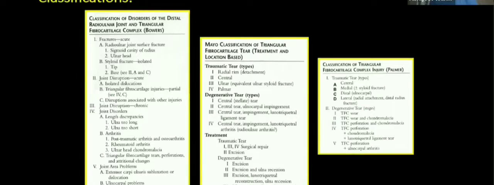However, as you can see from the previous slide, they're pretty complex and are often very difficult to remember. So in my clinical practice, I like to think of ulnar-sided wrist pain in a very simplistic manner, which also helps me with deciding the treatment, or how I should deal with problems when patients present to me.